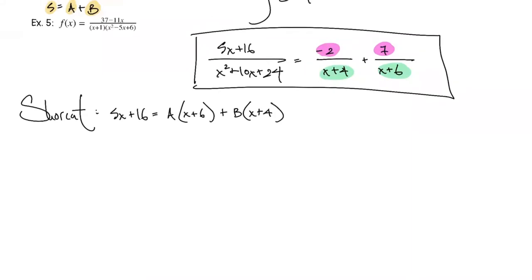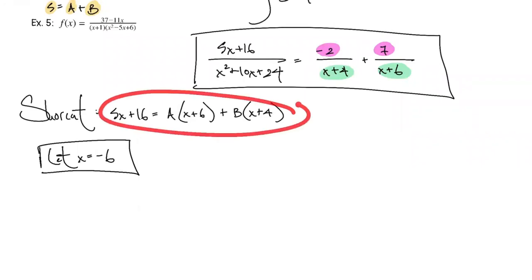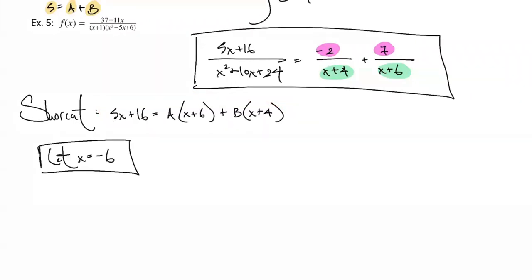Okay. So we're going to cleverly pick some numbers. Okay. So let's pretend, let x equal -6. And we're going to plug -6 into this equation everywhere we see an x. So help me out. What do I get for this first term?